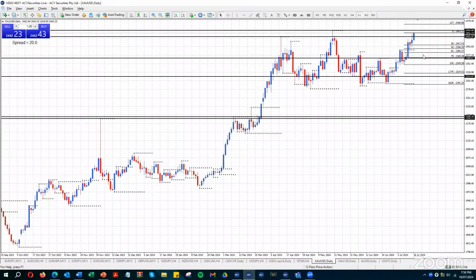If you're buying at a support area, that's where you expect the buyers to come in to prop it up, to then move up to resistance. So as you're on top of resistance, buying anywhere near there is getting closer towards being suicidal as a trader, because that's where the selling pressure comes in.